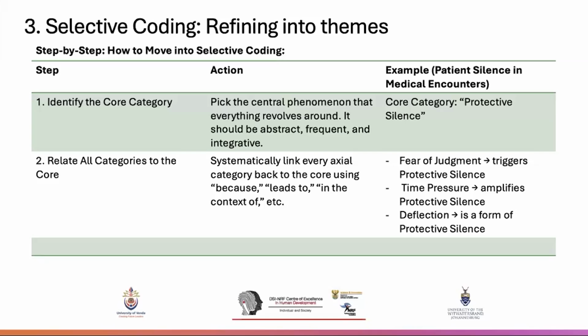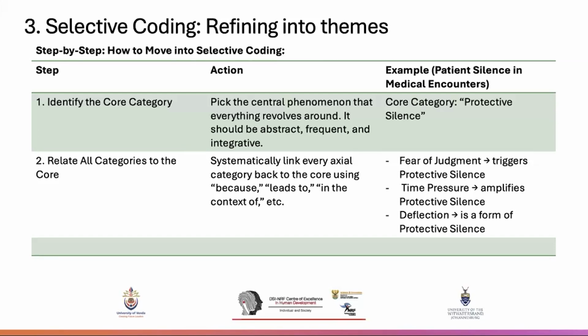And this is the kind of categorization that I would like you to understand. And with this type of category, you then apply your analytical mindset, and you will name it protective silence, because this patient feels that if they are silent about what they're experiencing, they will feel much more protected. That's exactly how you start looking at it.